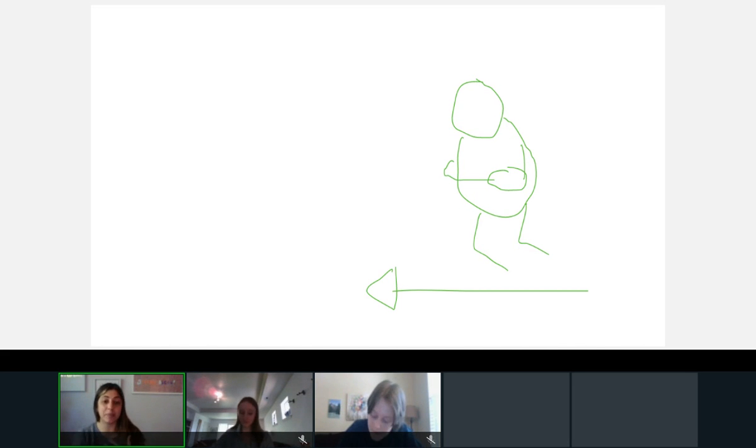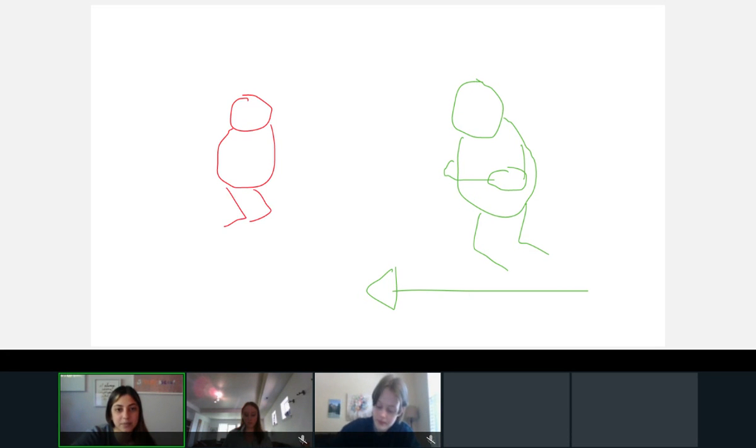And so if we know that player two is going to have a bigger momentum, I'm going to draw my arrow and my person with a higher momentum, bigger than my person two. So then I'm going to draw this guy smaller because he's got smaller momentum.